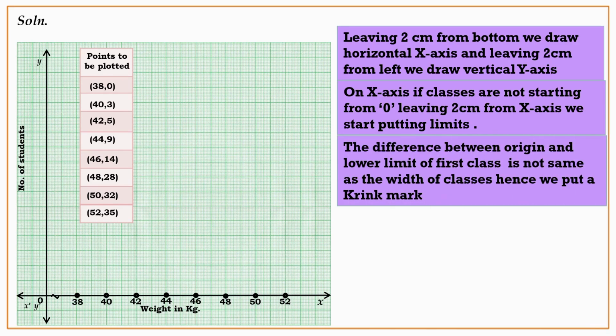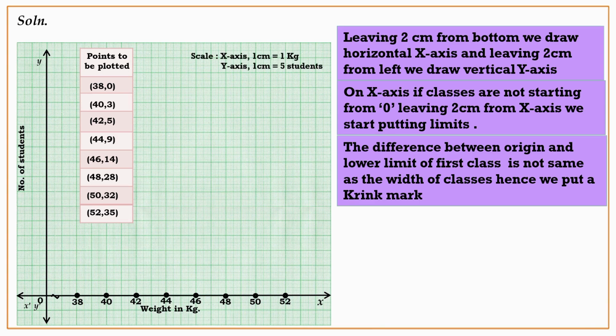So here we can see that in each one we have two gaps in each point. But from 0 to 38, the gap is different. So that's why the difference between origin and the lower limit of the first class is not the same as the width of the classes. Hence, we put a kink mark over here.